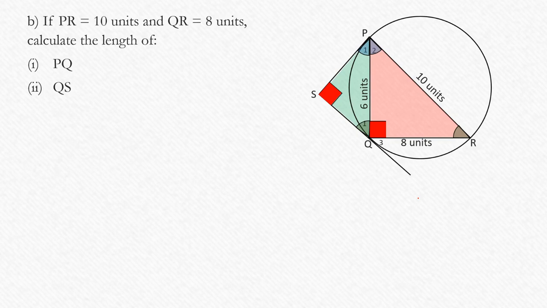It is the side opposite the 90-degree angle. So here PR is the hypotenuse. We can say PR squared is equal to QR squared plus PQ squared, reason: Pythagoras theorem.